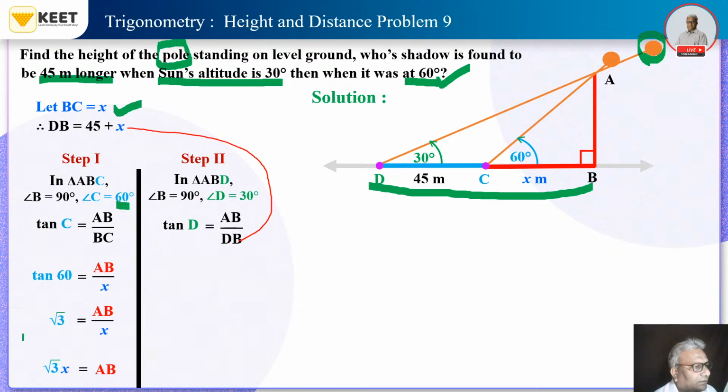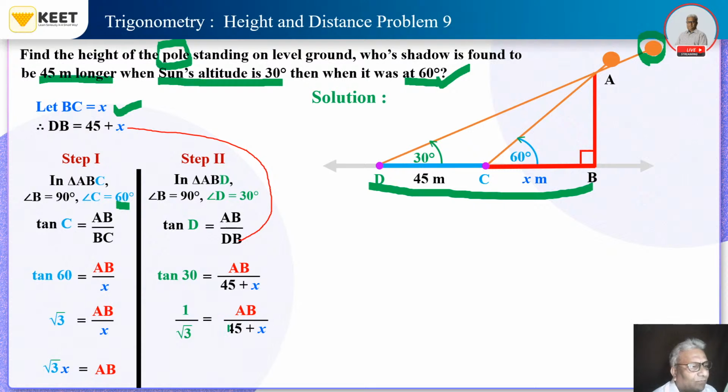On substituting the values, we get tan 30. The value of angle D is 30, then the value of DB, shown on the screen, is 45 plus x. Now the value of tan 30 from the standard trigonometric table chart is 1 upon root 3. So it is 1 upon root 3 equals AB upon 45 plus x.